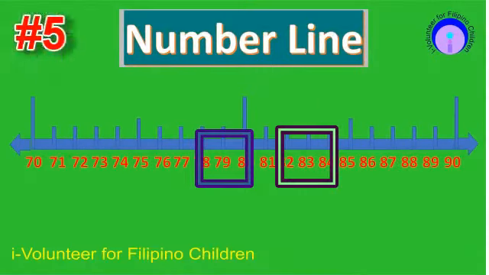Item number 5. Which number is lesser? 79 is less than 83.